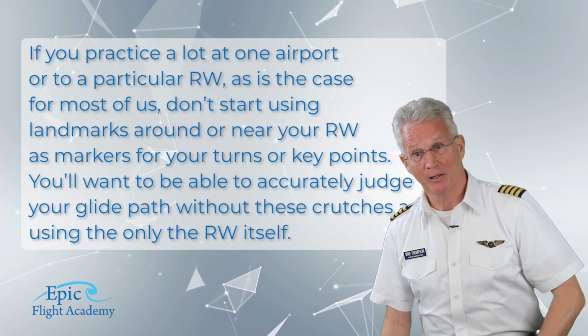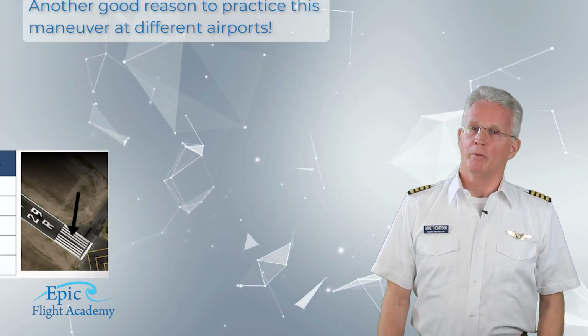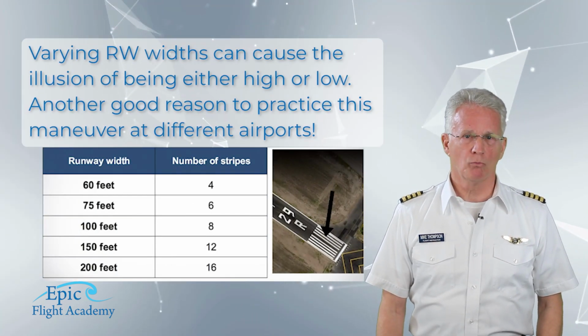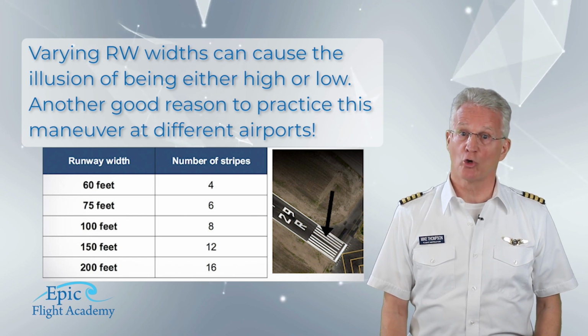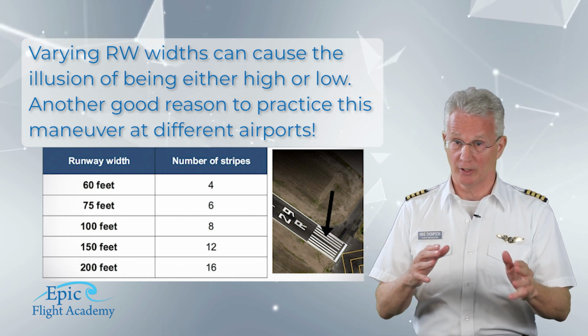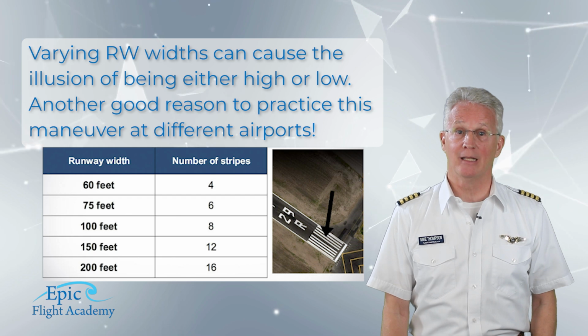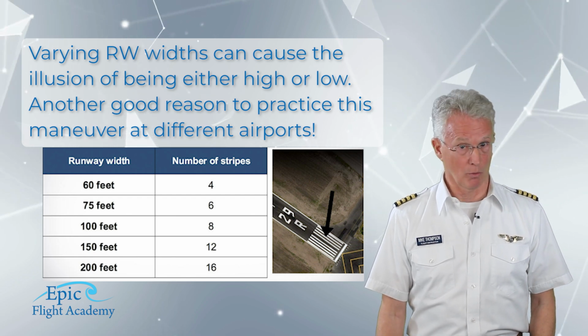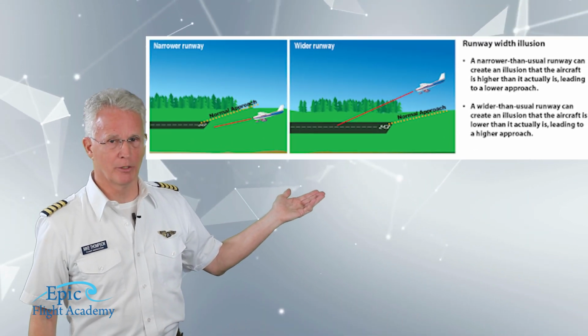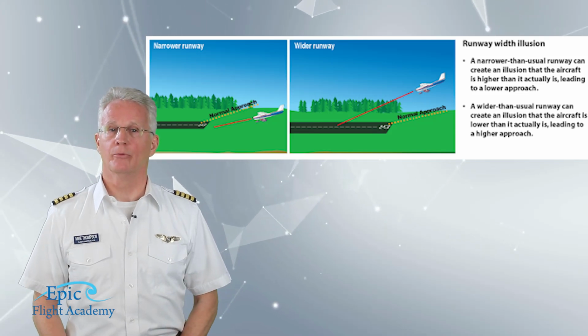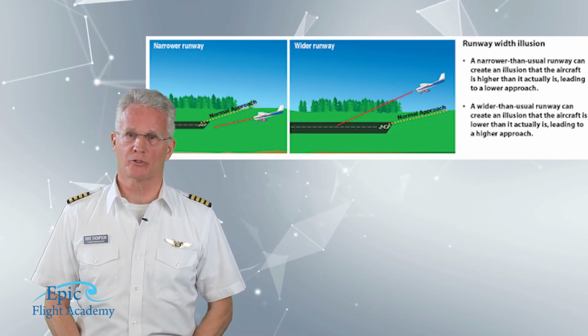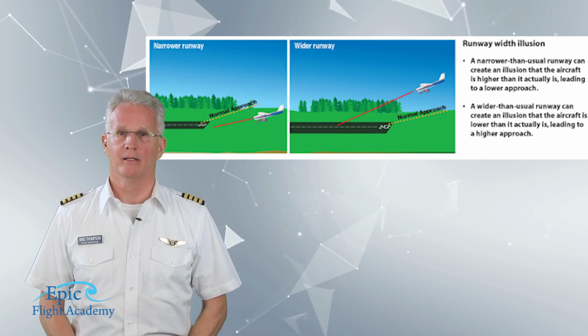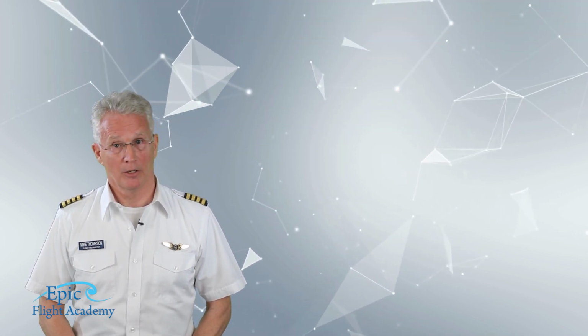And speaking of runways, remember how varying runway widths can cause the illusion of us either being high or low, as we show here. Another good reason to practice this maneuver at different airports.